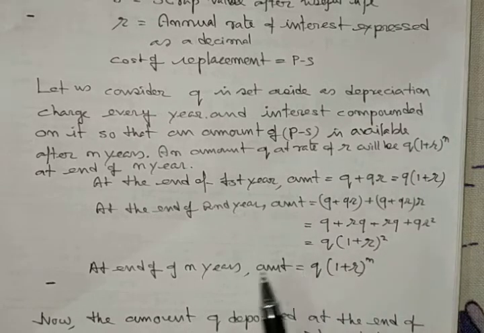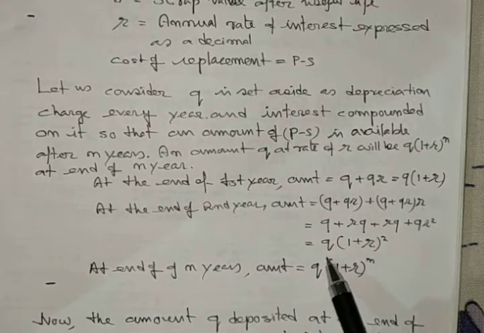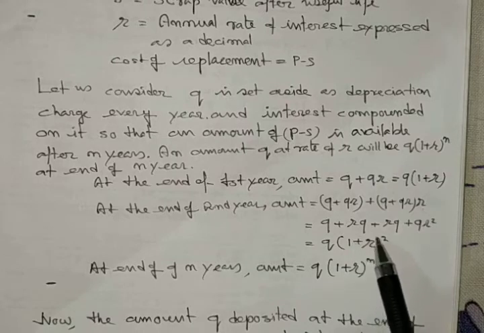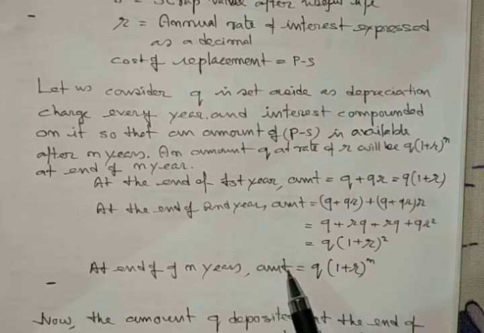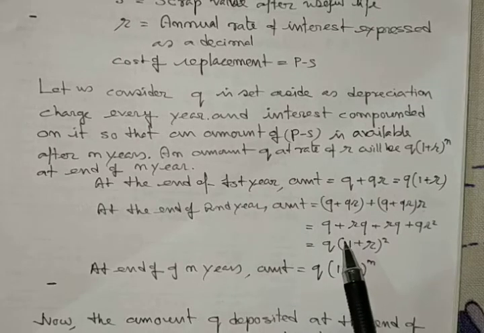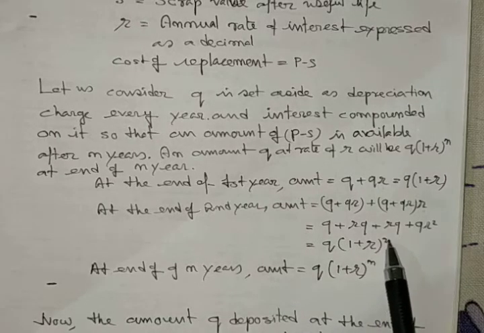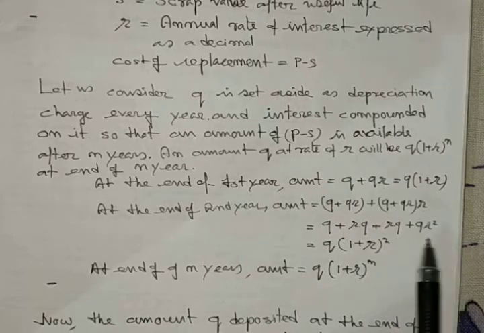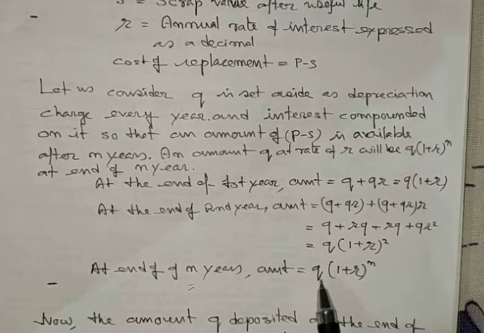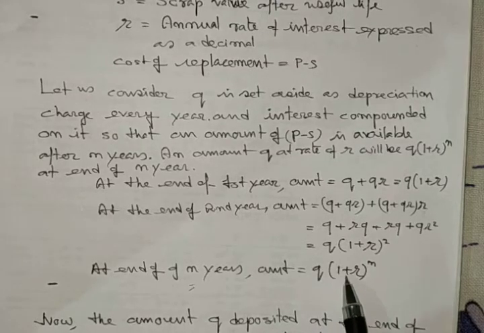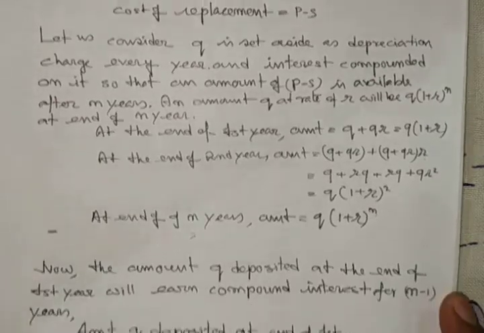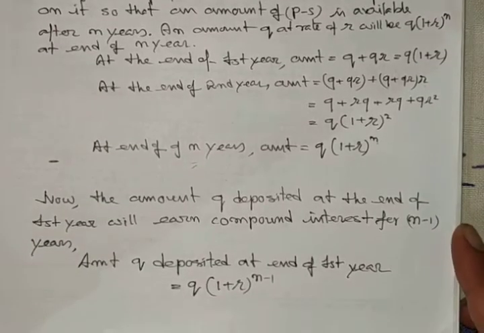Similarly for the third year it will be Q into 1 plus R to the power 3. At the end of the fourth year, Q into 1 plus R to the power 4, like that. And at the end of n years, it will be Q into 1 plus R to the power n. Okay, so let's try to understand.